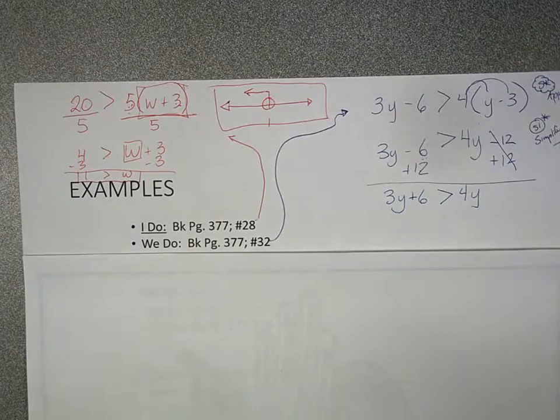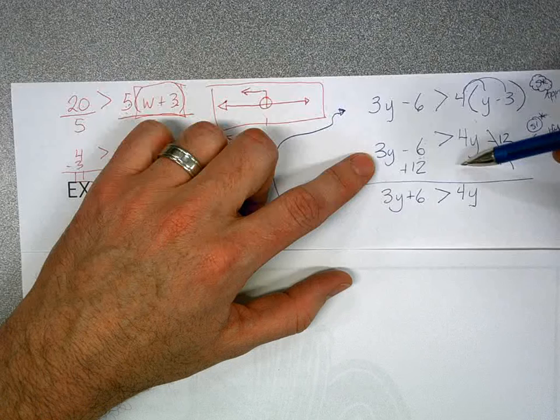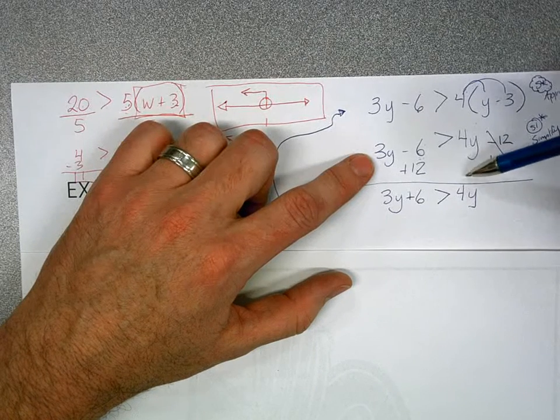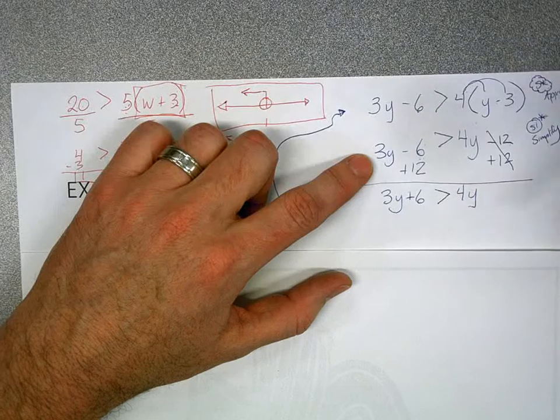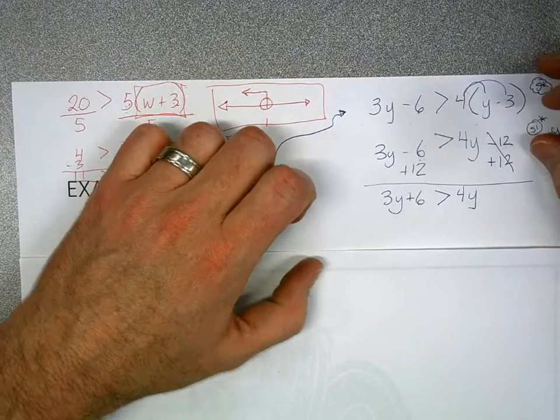And like we talked about in our POD, I could have taken one of my variable terms and moved it over, and that would be just fine. That's how I taught that last lesson to you guys, but realistically, you're moving constants to one side, variable terms to the other. It really doesn't matter. Okay?